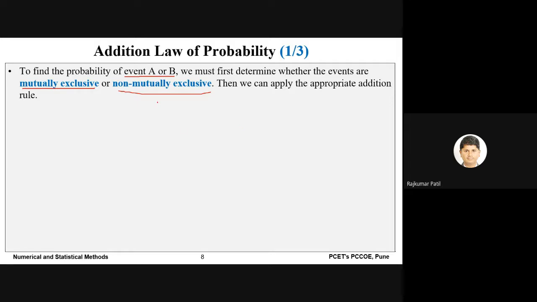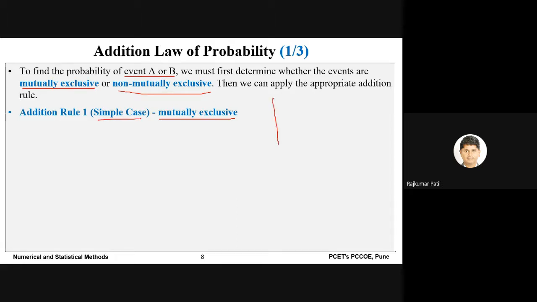This particular part is very important, and in this session we will be discussing it with sets. Whenever two events A and B are mutually exclusive, it is called case 1.